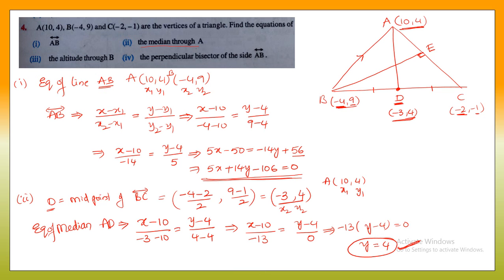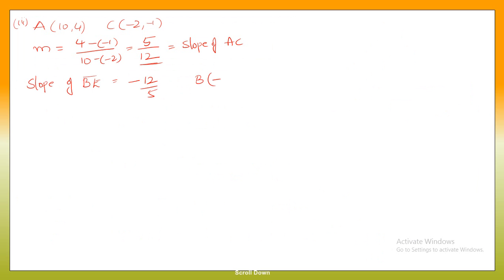Minus 4 comma 9. So I have the slope as well as the point. From this, I can find the equation of altitude BE.